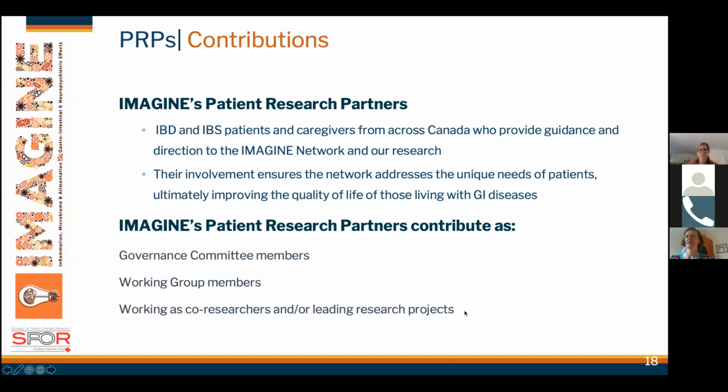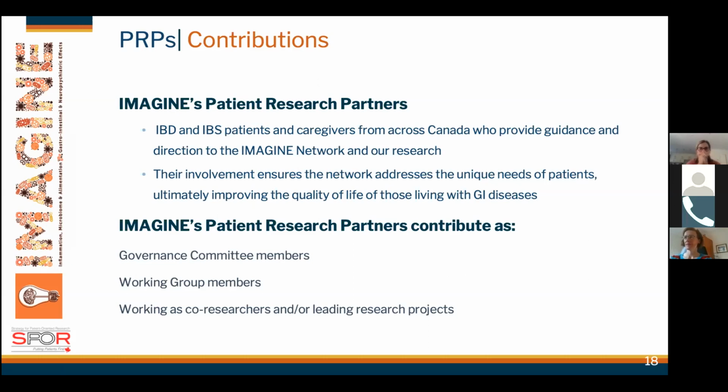Some of the contributions that the Imagine Patient Research Partners are currently contributing to are they provide guidance and direction to the Imagine network, and I'll get a little bit more into detail about that.